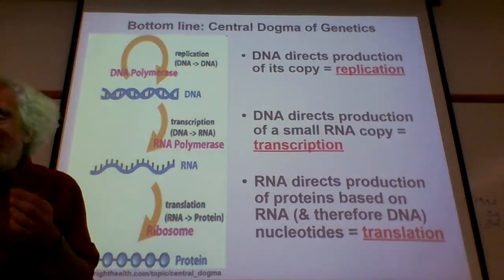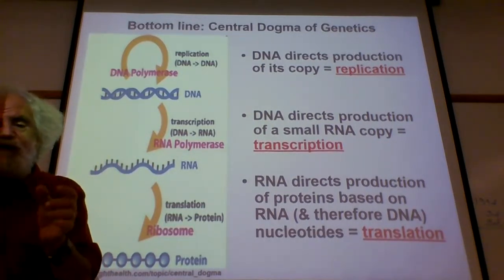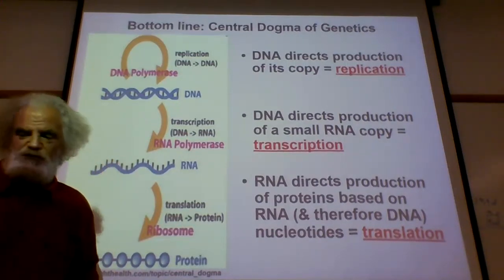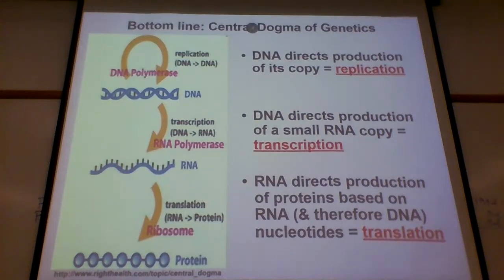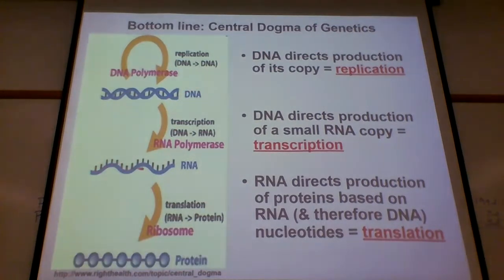Then the DNA can also serve as the template for the production of a small piece of itself in the form of RNA. This is referred to as a DNA-dependent RNA polymerase, and we produce an RNA.